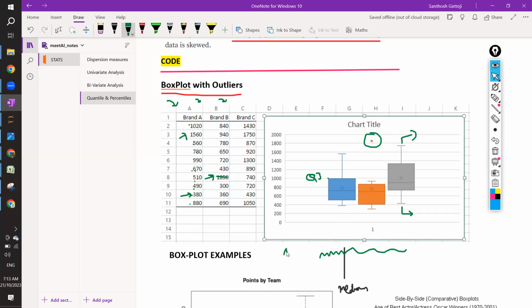This is A. Now for B, till median it is closely packed, and after median also it is almost closely packed. The whole graph itself is closely packed. But for C, till median it is not that closely packed, and after median also it's not that closely packed. At least we can visualize some shape and distribution of the data set, right?